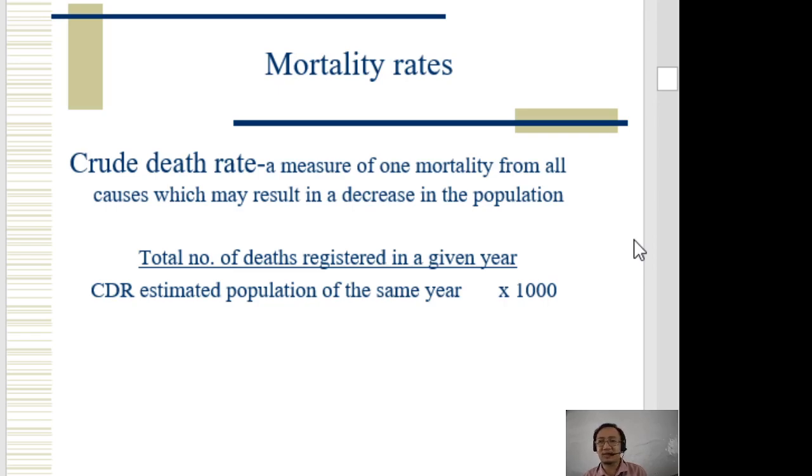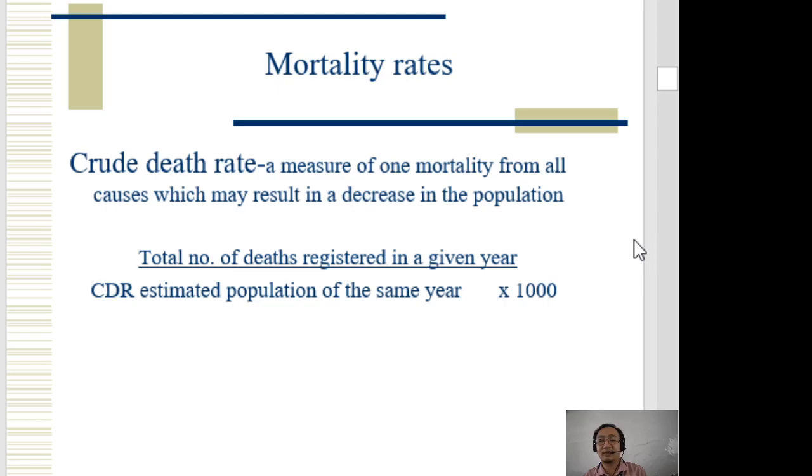I think it's only the mid-30s, 30 years old. Ganun lang kahaba yung life expectancy nila, because of problems in peace and order during that time.